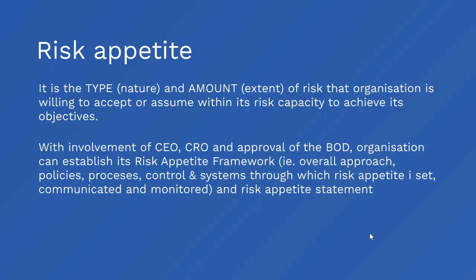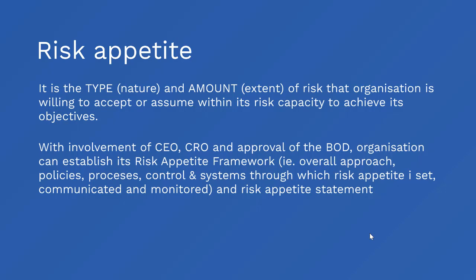Now, this requires the involvement of the CEO and the CRO, which is the Chief Risk Officer, together with the approval of the Board of Directors, so that the organization can come up with the risk appetite framework.